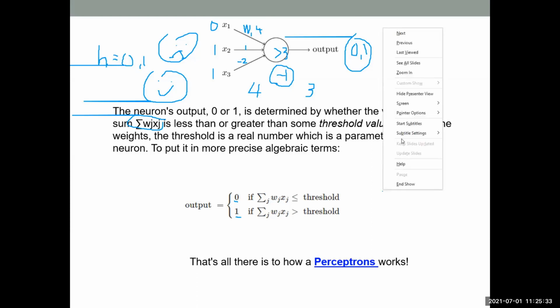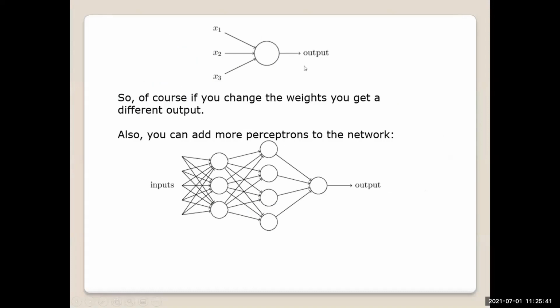Okay, let's keep going. So here it is, and what we do is we don't just have one, we have 3 here, and here we have four inputs. So here's x1. Let's just focus on this one here. This one has how many inputs?